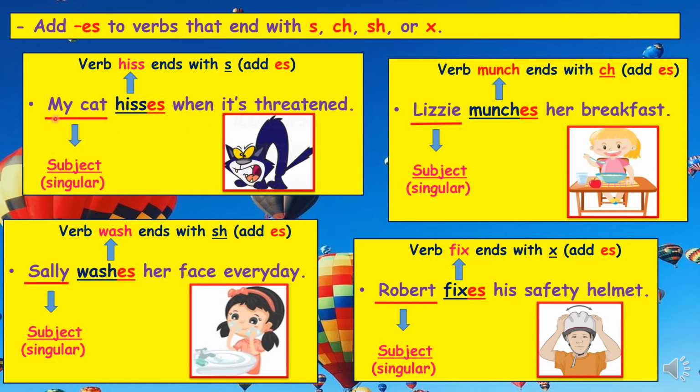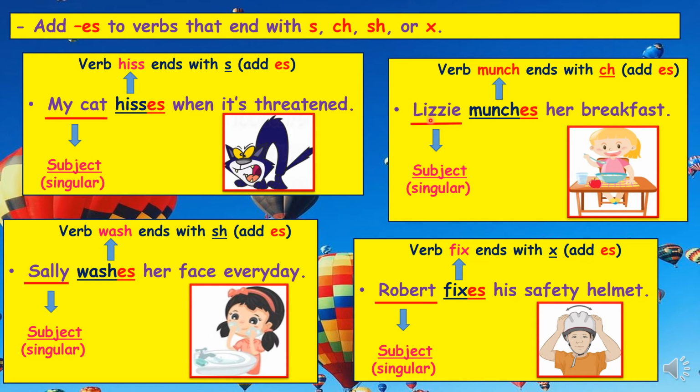So here, my cat is the subject. What does my cat do? Hisses. Originally, here the verb is hiss. But because it ends with s, we had to add es to the verb. Because here the subject is singular, and we should add es, not only s, because the verb ends with s.